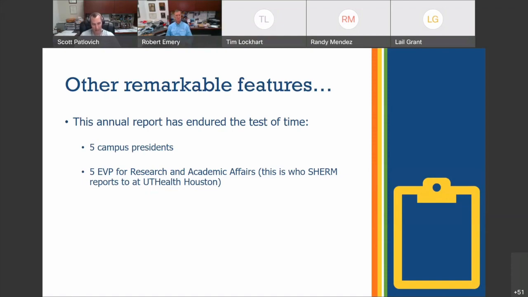And we've had 5 executive vice presidents for research that we report up to who have endured this as well. And each one of them, we've been able to show what it is that we do in an effective manner to be able to, thank goodness, continue to get the staffing and resourcing that's needed to effectively do the things that we need to do to keep our people healthy and safe on our campus.